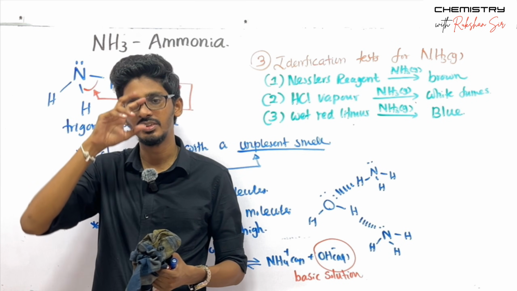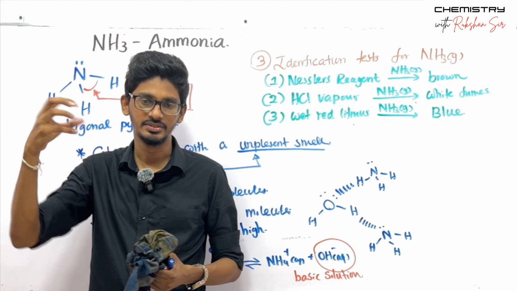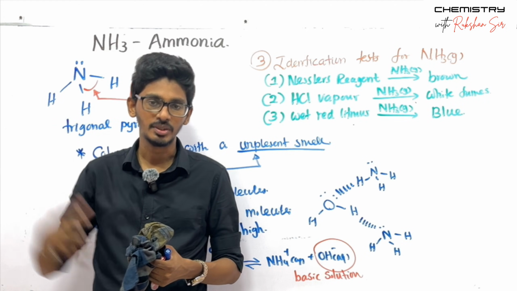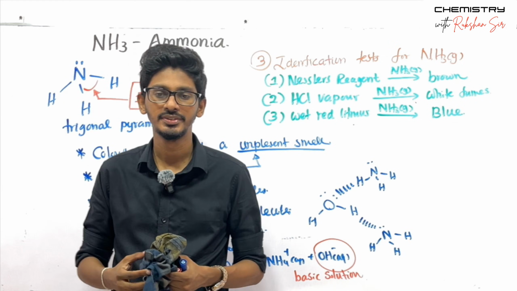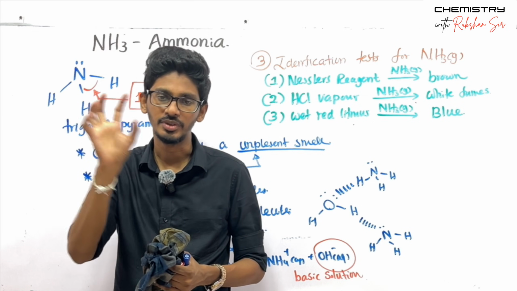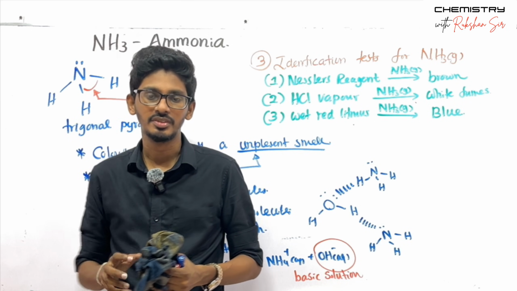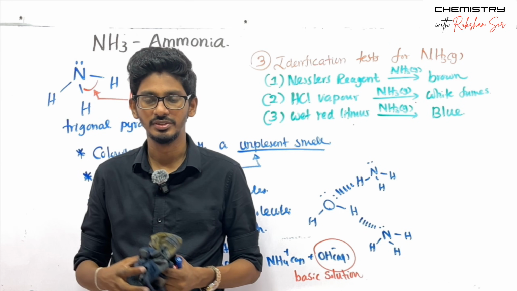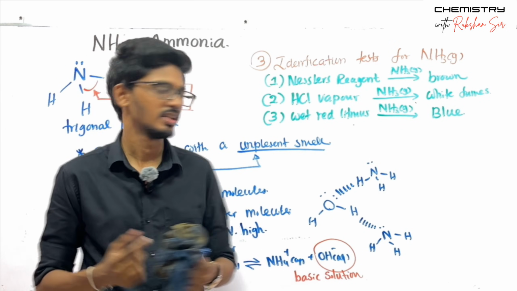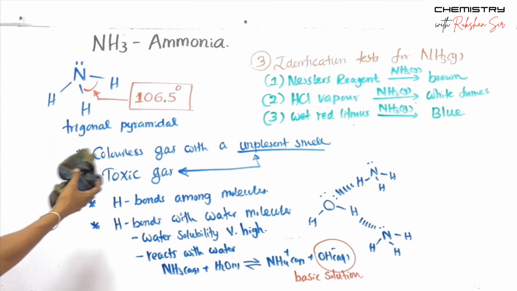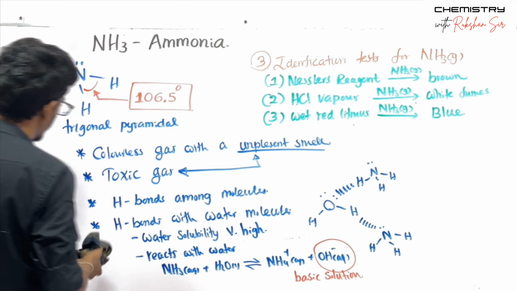Even though the Haber process is discussed heavily in the industrial chemistry resource book, when a question is asked about ammonia, they will ask the name of the process of producing ammonia industrially. So it is referred to as the Haber process.